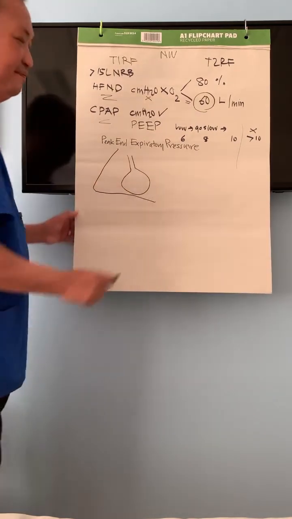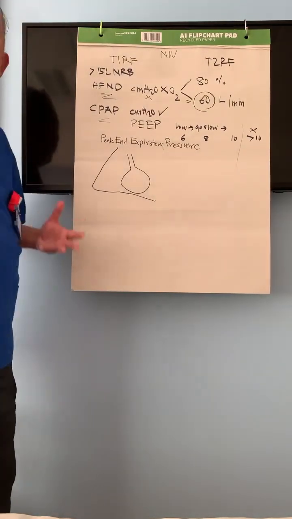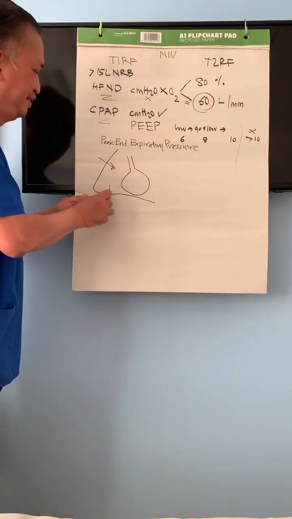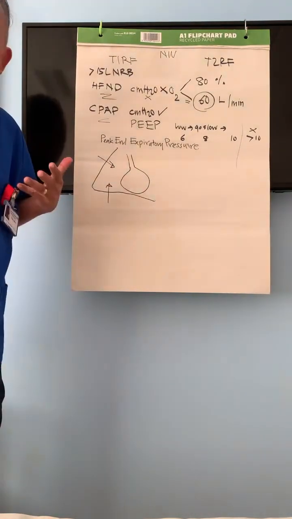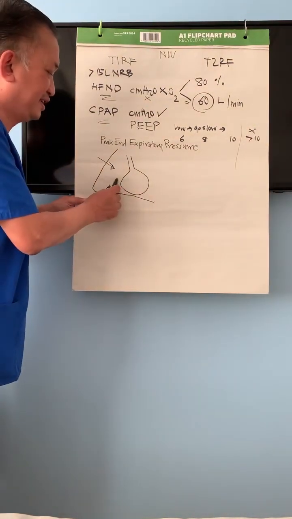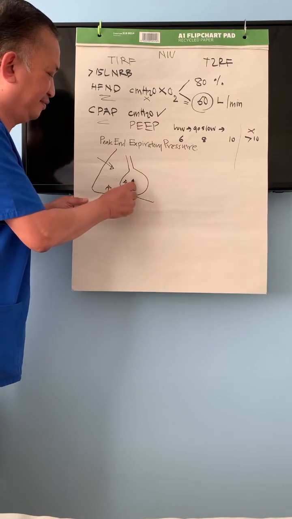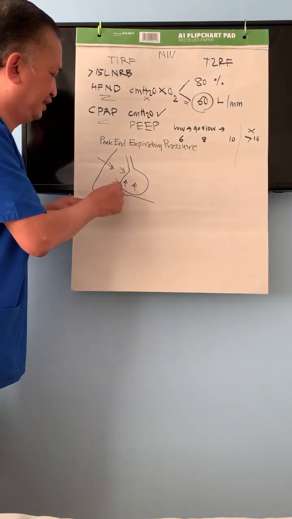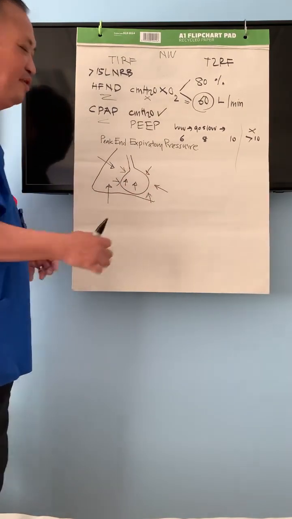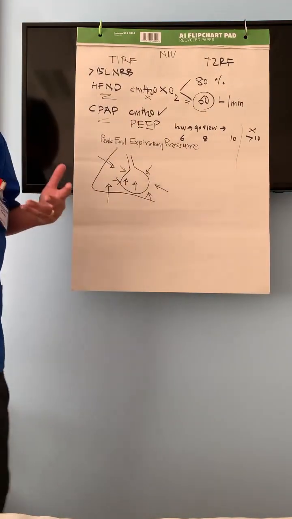This is the diaphragm. When we breathe out, intrathoracic pressure increases. Diaphragm goes up, chest wall squeezes, and pressure inside is rising up. And pressure to the alveolus from outside is also rising up. That's how the air goes out. We breathe out.